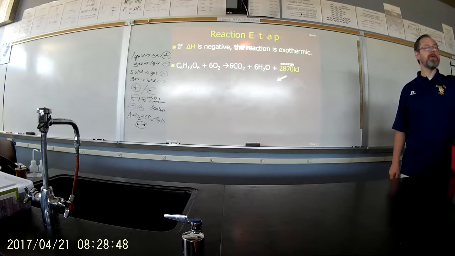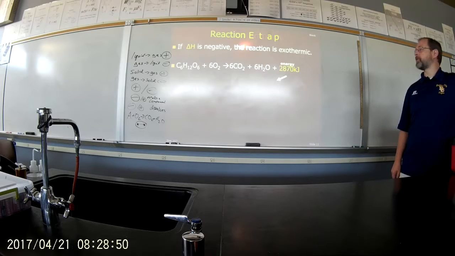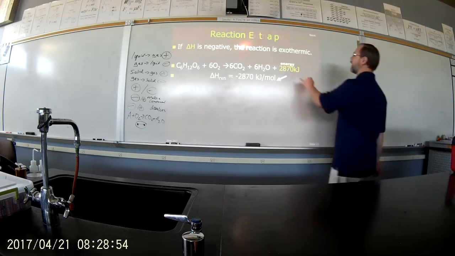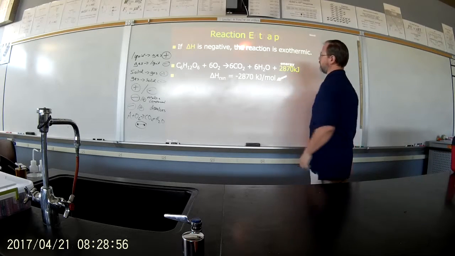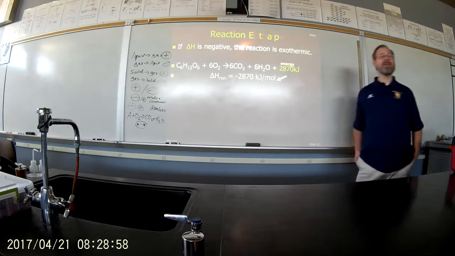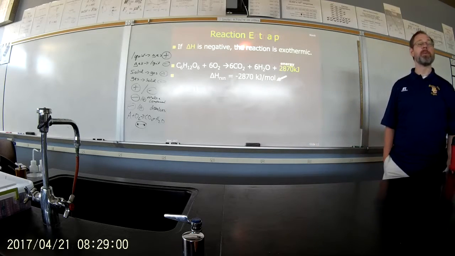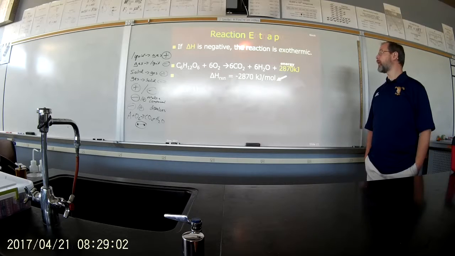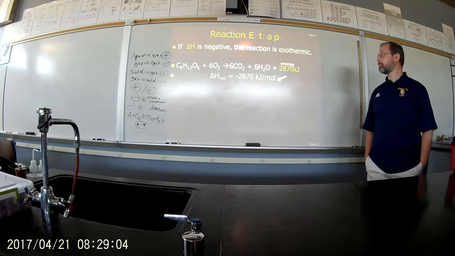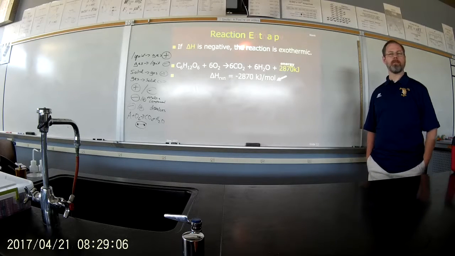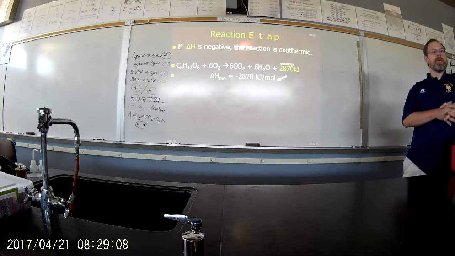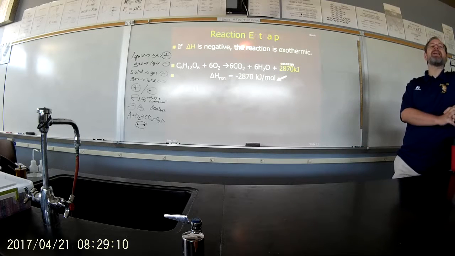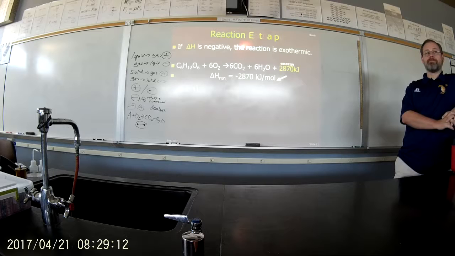So when we write exothermic processes, we put the energy on the product side. So in an exothermic process, we place the energy on the product side. And we show the unit in kilojoules per mole.